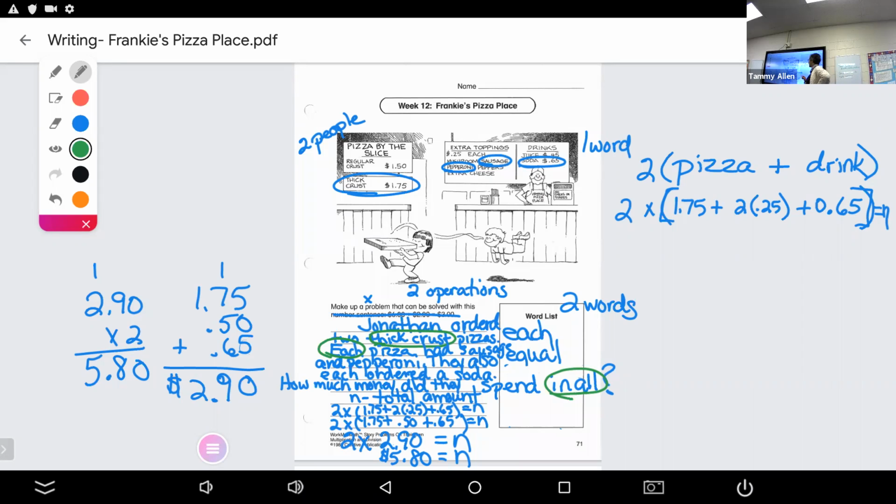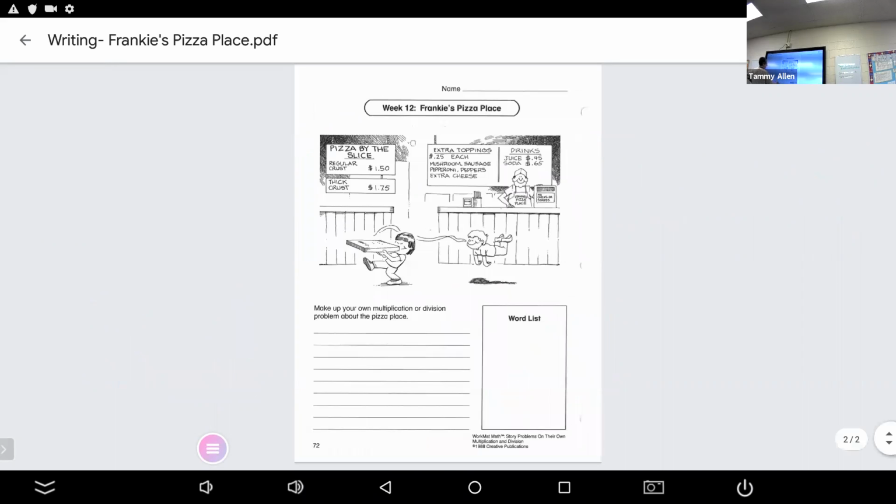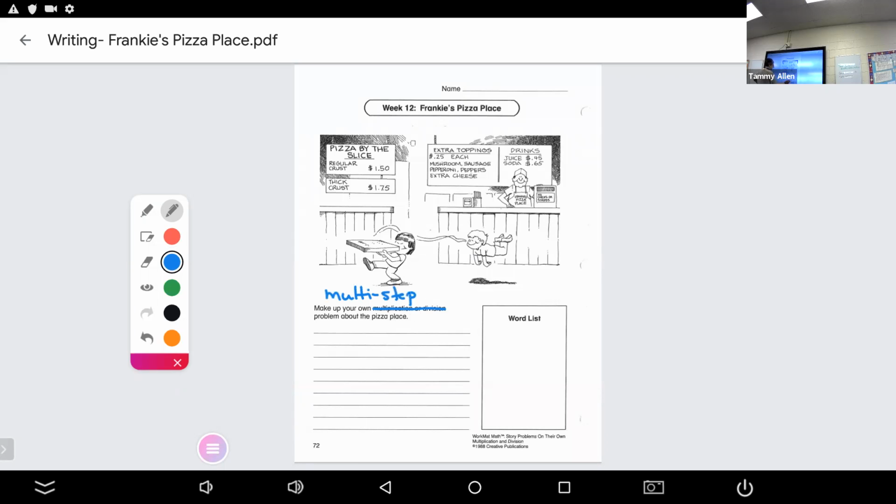Okay, let's take a look at the other side then. I'm going to change the directions here. Two words from here, one from the board, right?